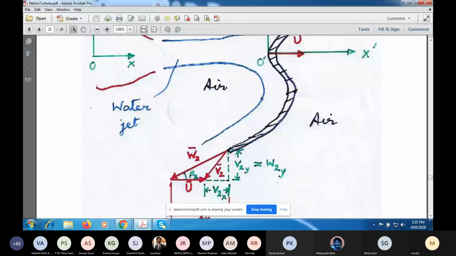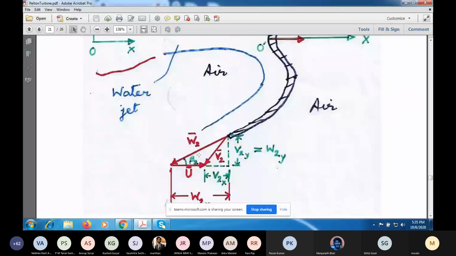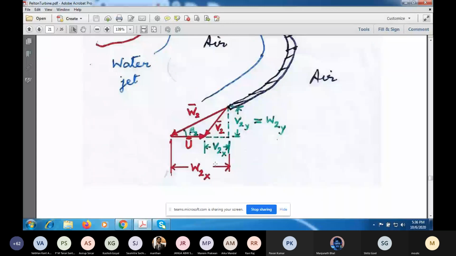But an observer sitting in this frame on the right will see the fluid moving smoothly out, tangent to the blade. You can see this angle, which I'm calling beta with subscript 2, is the angle between the vector minus U and W2. So this is W2x, the component of W2 in the x prime direction.